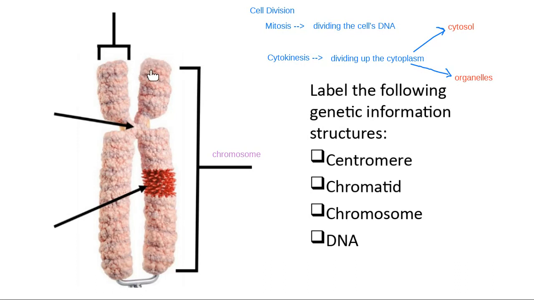So each half of a chromosome, the special name for that, I see it popping up in my chat here, is what we call a chromatid. A chromatid is an underline, highlight, star word because I want to make sure we don't confuse chromatid with chromatin.